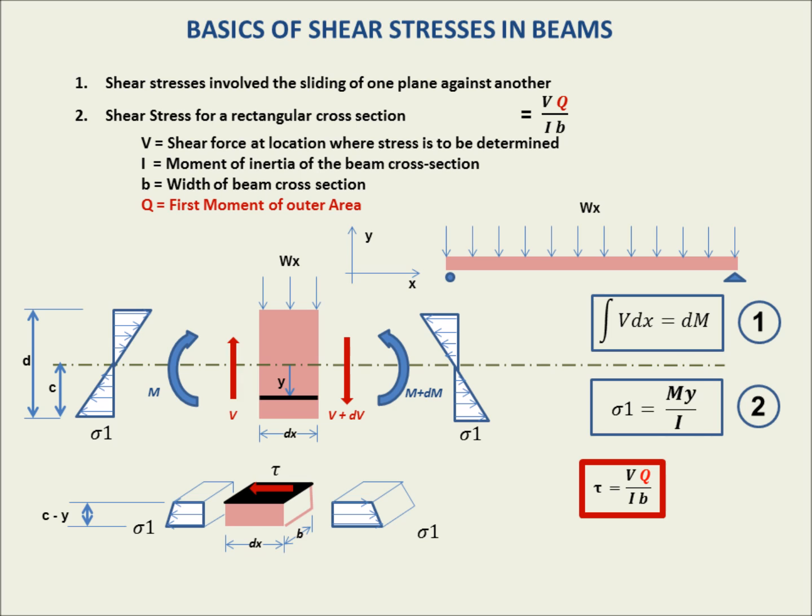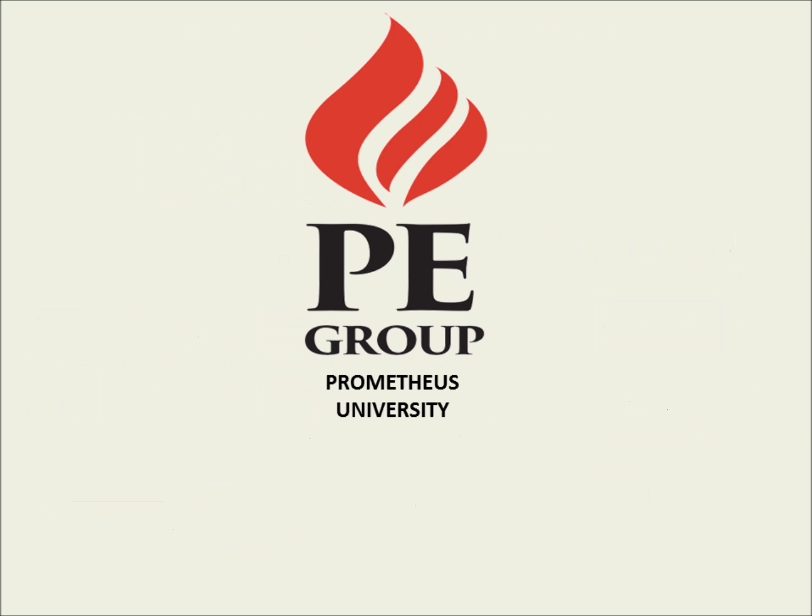And then, using our knowledge of bending stresses, static equilibrium, and shear and moment diagrams, we came up with the formula for finding shear stresses at any plane along the cross-section, and that is the formula VQ over Ib.